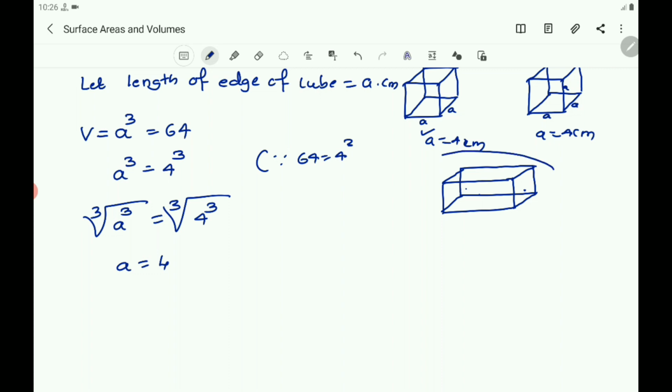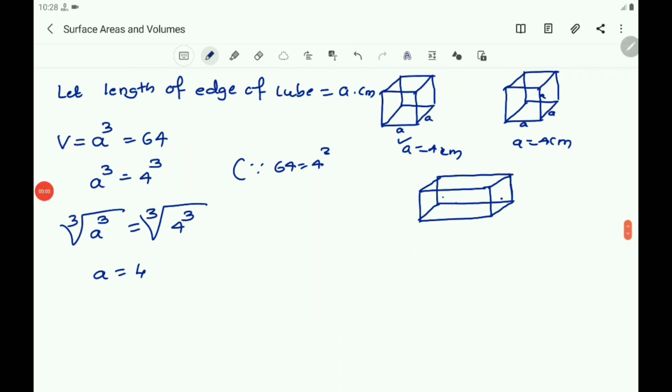Now we have to find the dimensions of the resulting solid, that is the cuboid. To find it, length, breadth and height are required. Here the cuboid is formed by joining two cubes of edge A. You know that here height and breadth will not change.